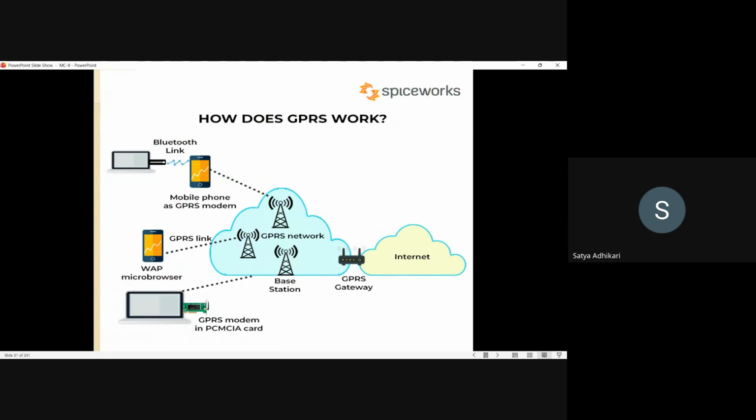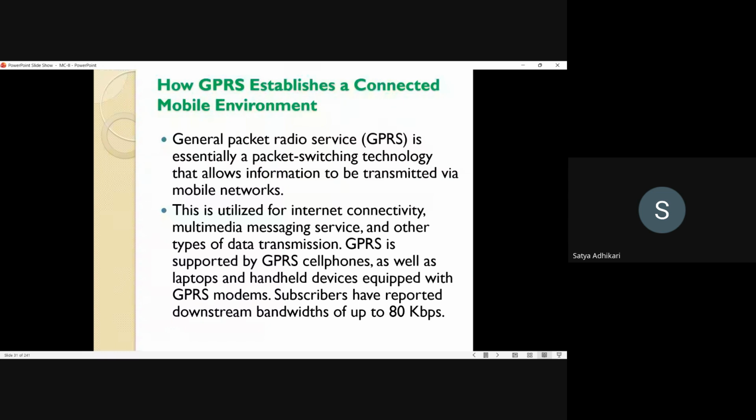So devices equipped with a GPRS modem can access the GPRS network. Subscribers have reported downstream bandwidth of up to 80 kbps. So their downstream bandwidth speed is up to 80 kbps.